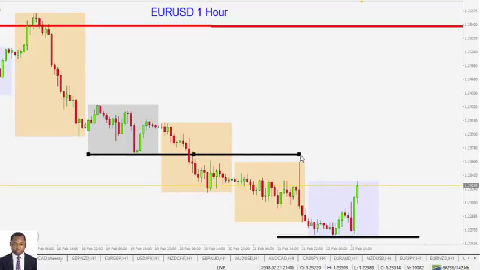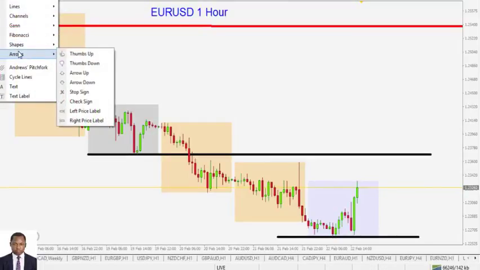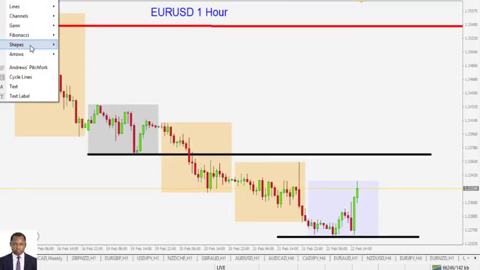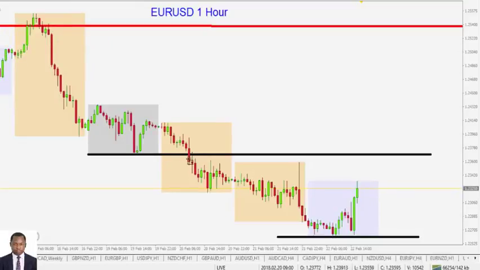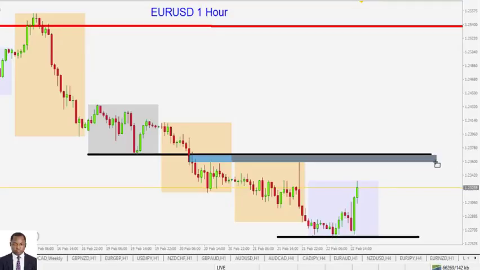Right, so let's take this obvious swing high here. It is an area of resistance.